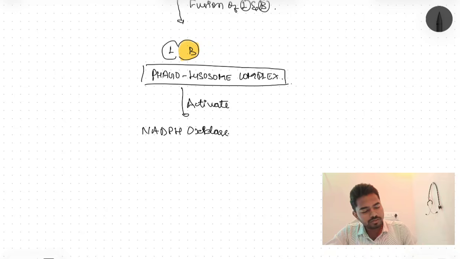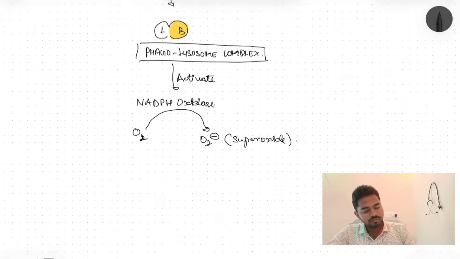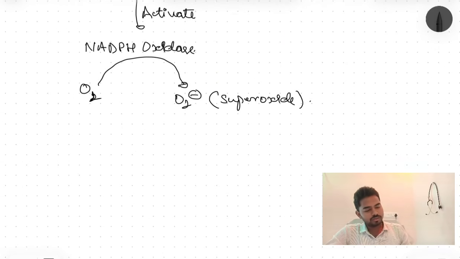What NADPH oxidase will do in the presence of oxygen is convert oxygen to superoxide.